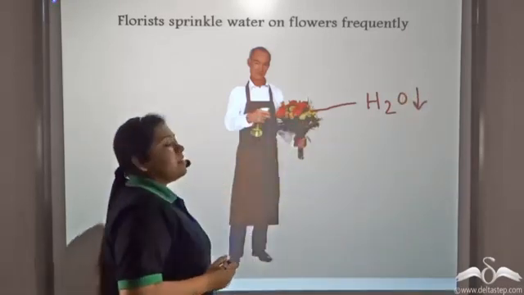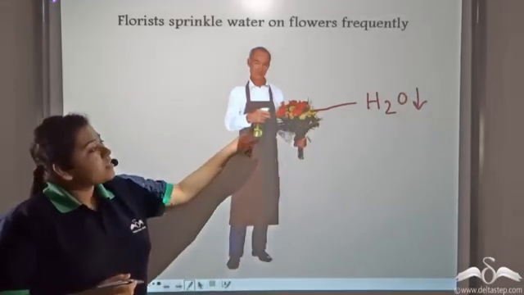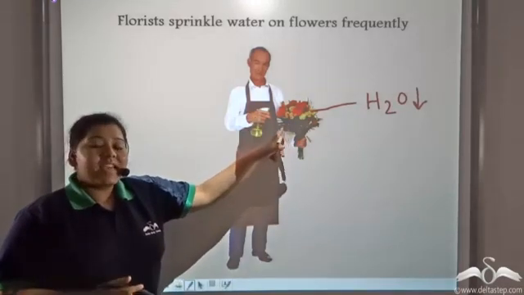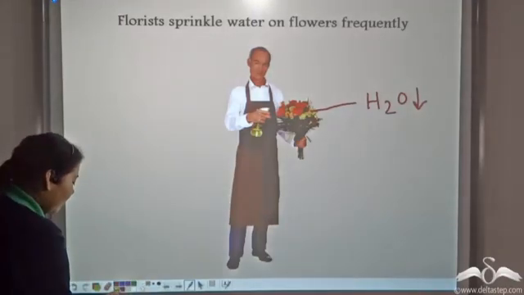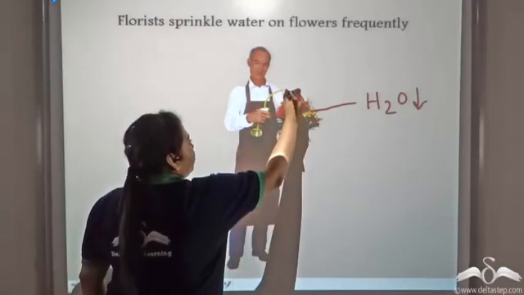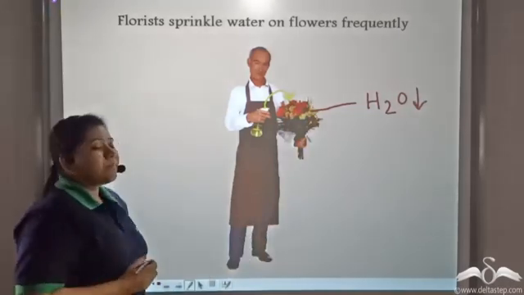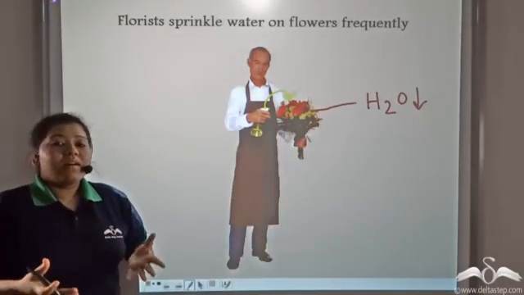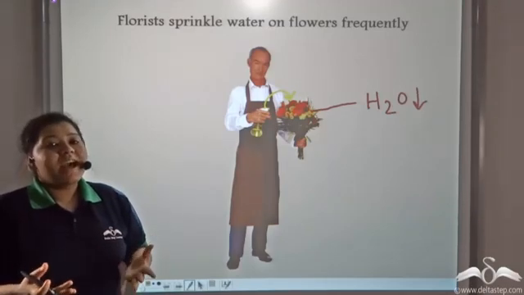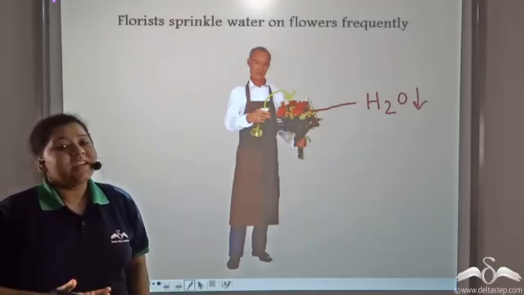So when the florist sprinkles water, then the water will travel from a high concentration area to a low concentration area. And that is how the cells become turgid with water and the flower looks fresh and crisp.